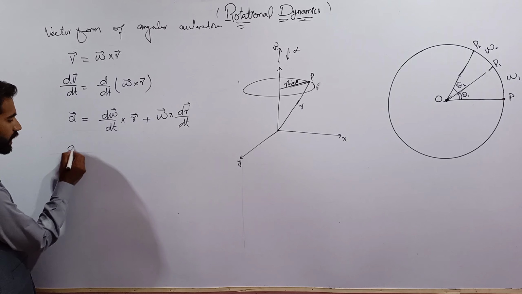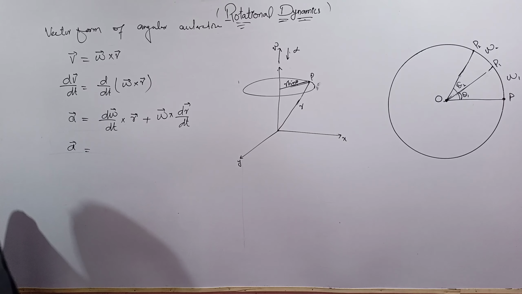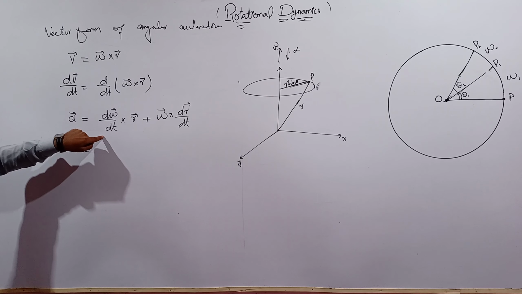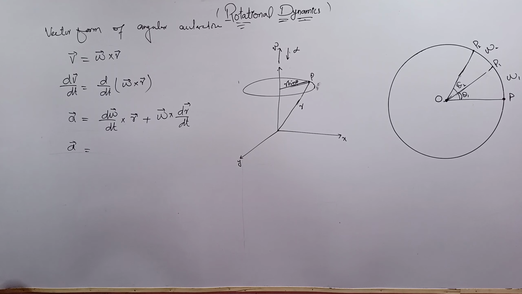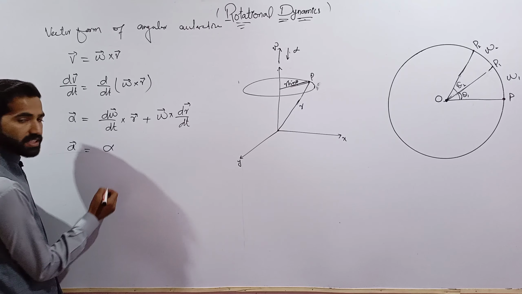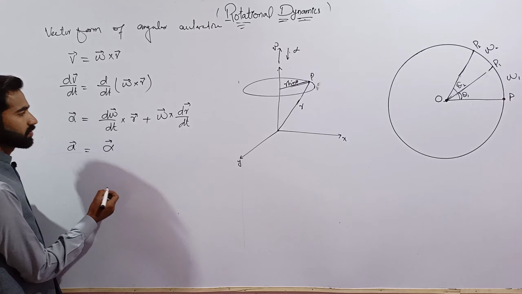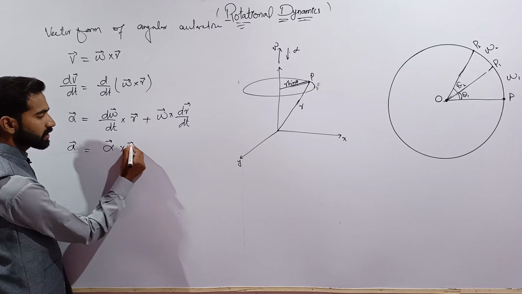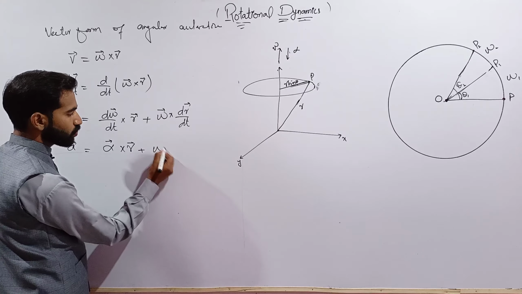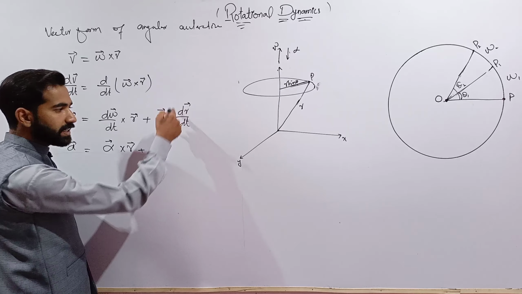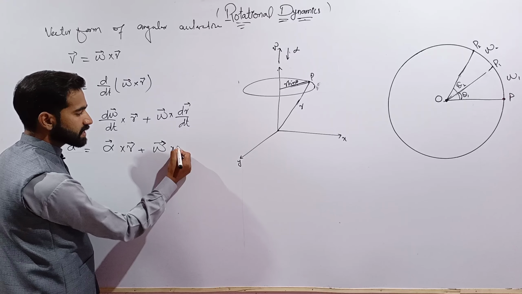Here d omega over dt is angular acceleration represented by alpha, and dr over dt is linear velocity.